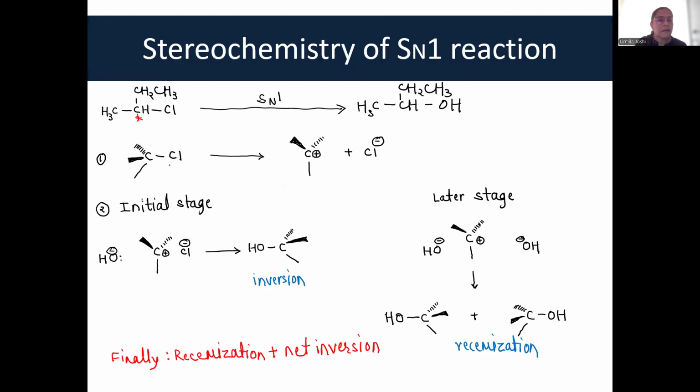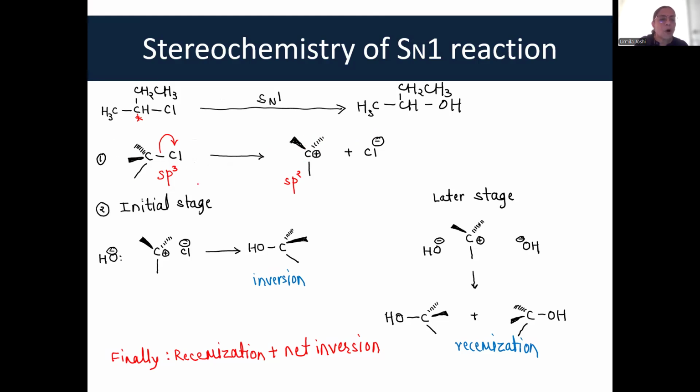This is the alkyl halide. Okay, this alkyl halide loses halide and gets converted to a carbocation. Now just try to understand that sp3 hybridized carbon is getting converted to a carbocation which is sp2 hybridized. In other words, there is more space now.